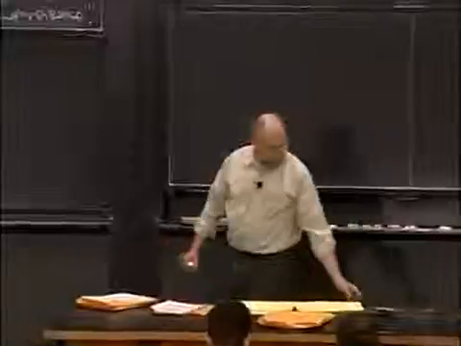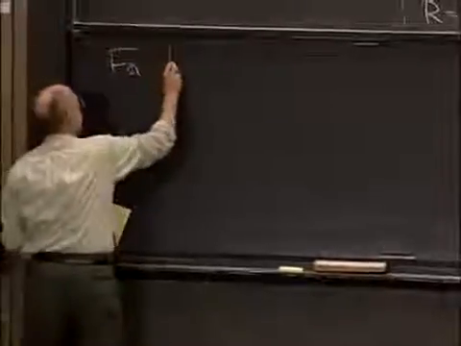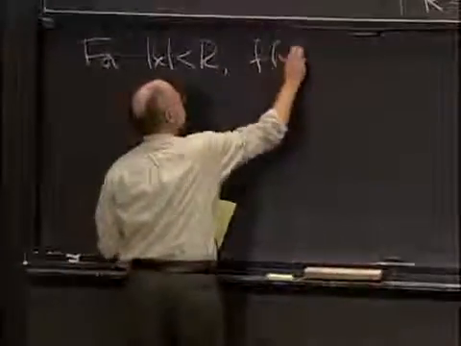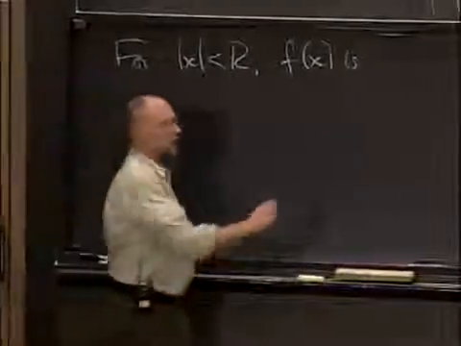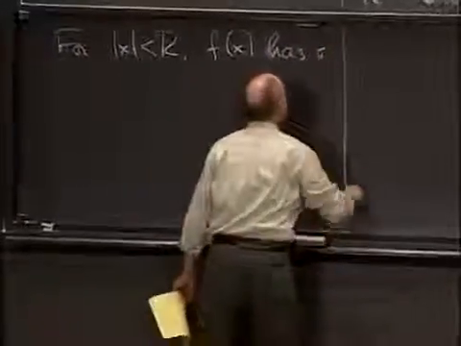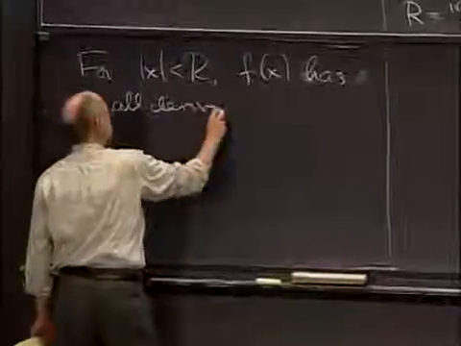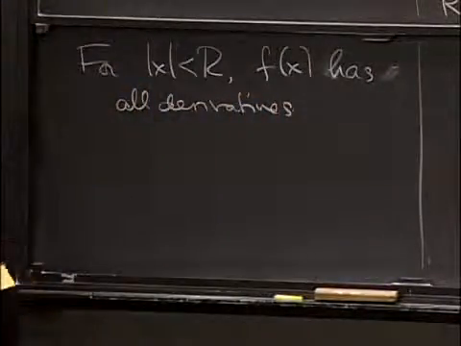Here's another one. If you're inside of the radius of convergence, then the function has all its derivatives. Just like a polynomial does. You can differentiate it over and over again.